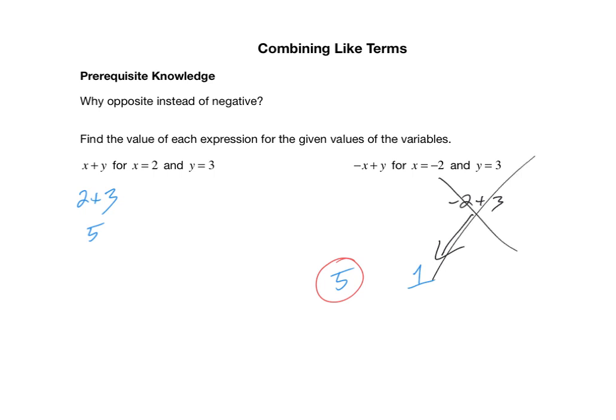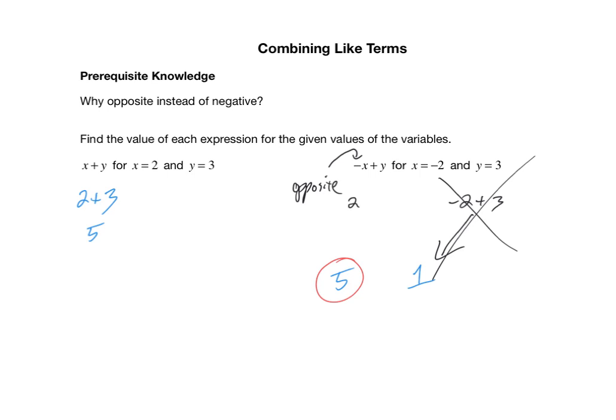And again, my belief in why people sometimes do this is because they read this expression as negative x plus y. Let's read it differently. Instead of saying negative x plus y, let's read this as the word opposite. So this is the opposite of x plus y. Well, if x is negative 2, what number is the opposite of that? Well, the opposite of negative 2 is positive 2.